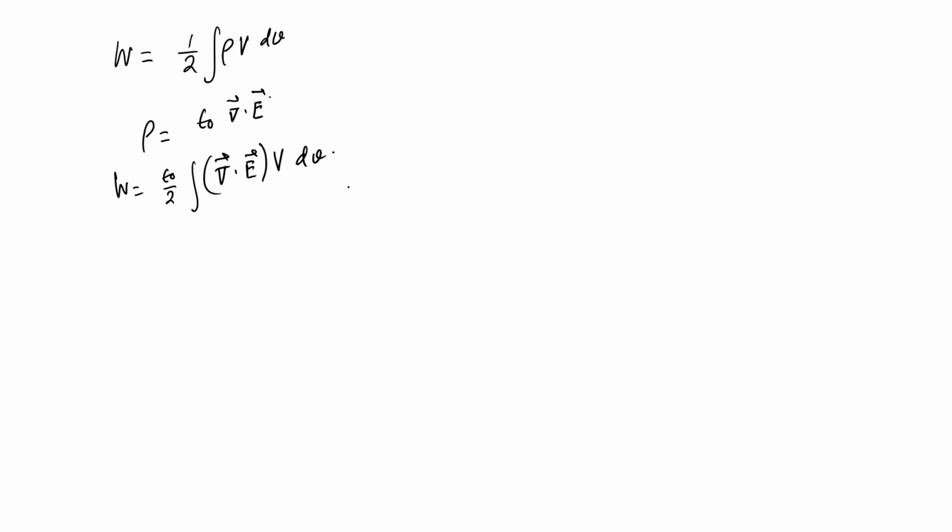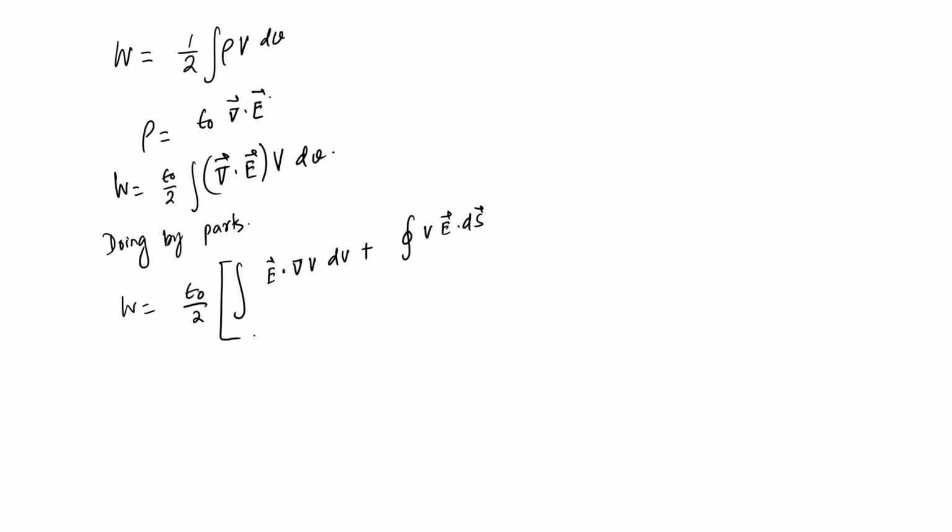And if you need to integrate this, then you do integration by parts. So, W is equal to epsilon 0 by 2 times the integral of E dot del V dv, plus another term, which is V E dot ds, that is the surface term, and so on.